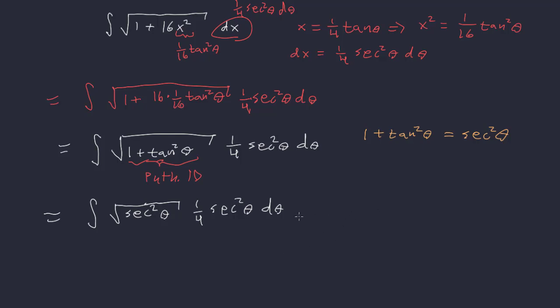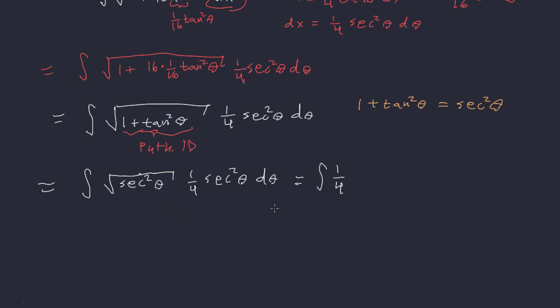That just becomes secant, so I get 1 secant here, 2 secants there. We simplify this down, and the integral becomes the integral of 1/4 secant cubed theta d theta.